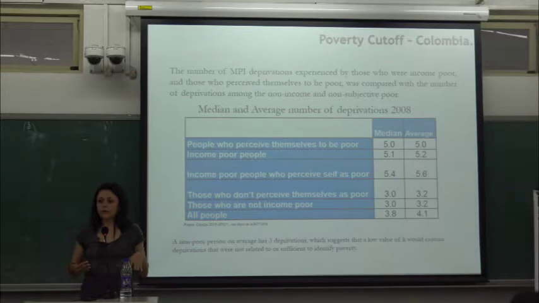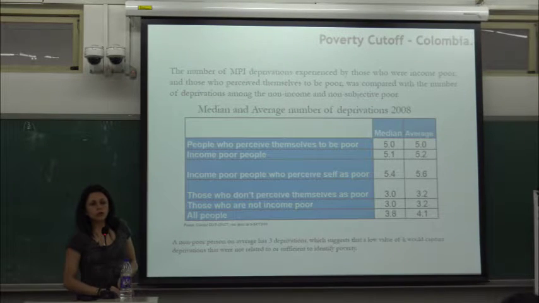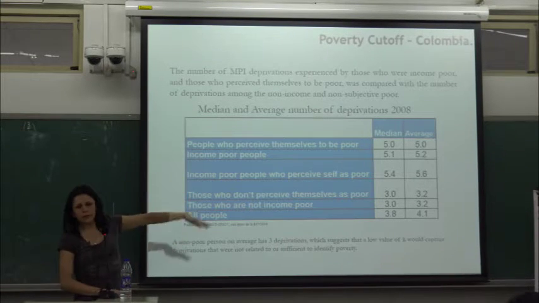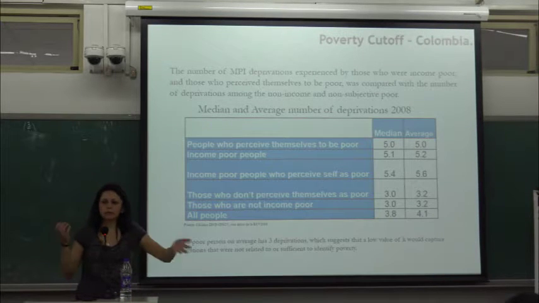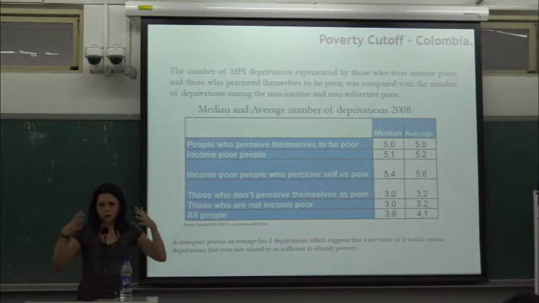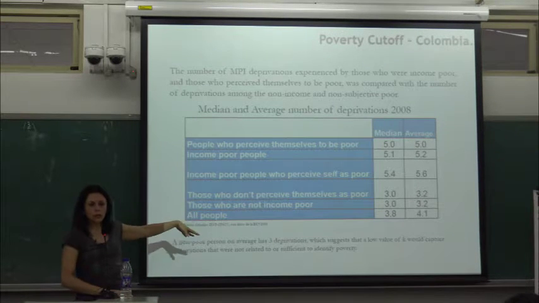So as I was saying, the poverty cutoff was defined as the mean of the privations that those who consider themselves income poor and subject to poverty say. So there is a question in the survey that says, compared to 3 years or 2 years ago, do you feel that you are poor? So they use that question in order to calculate this mean.